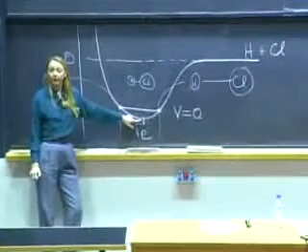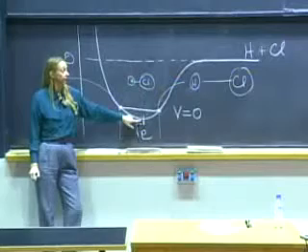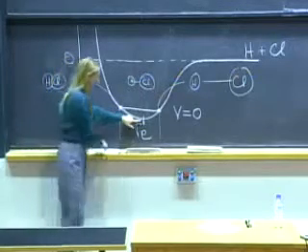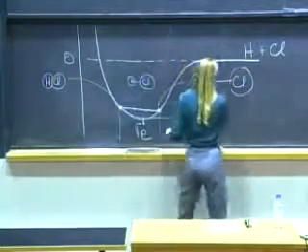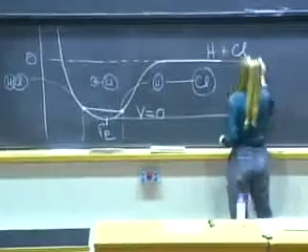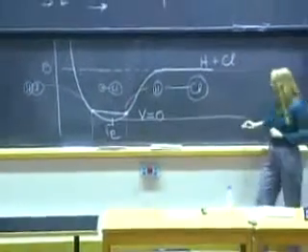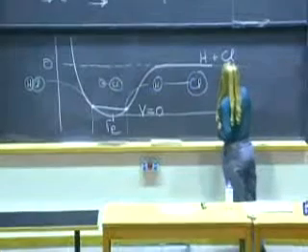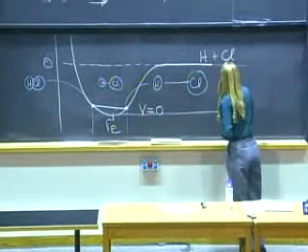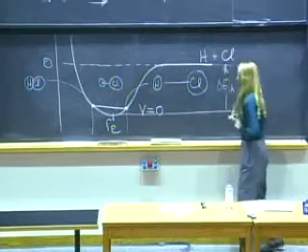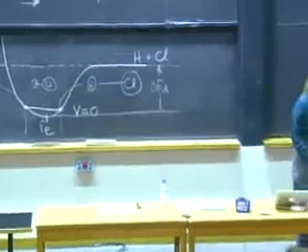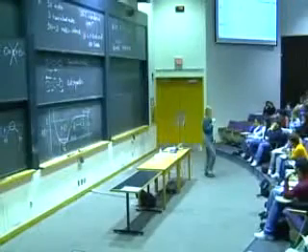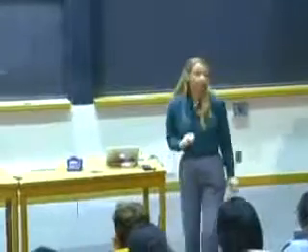Remember that when we were drawing bond dissociation energies, I was drawing it from the bottom of this well to the dissociated atom limit. I told you this was delta E sub D. Okay? Well, the bottom line is that that's not really correct.